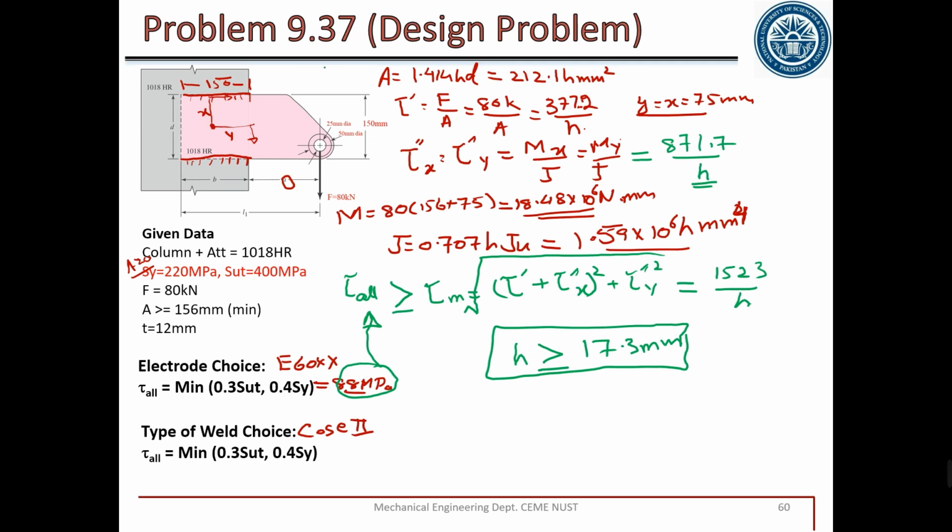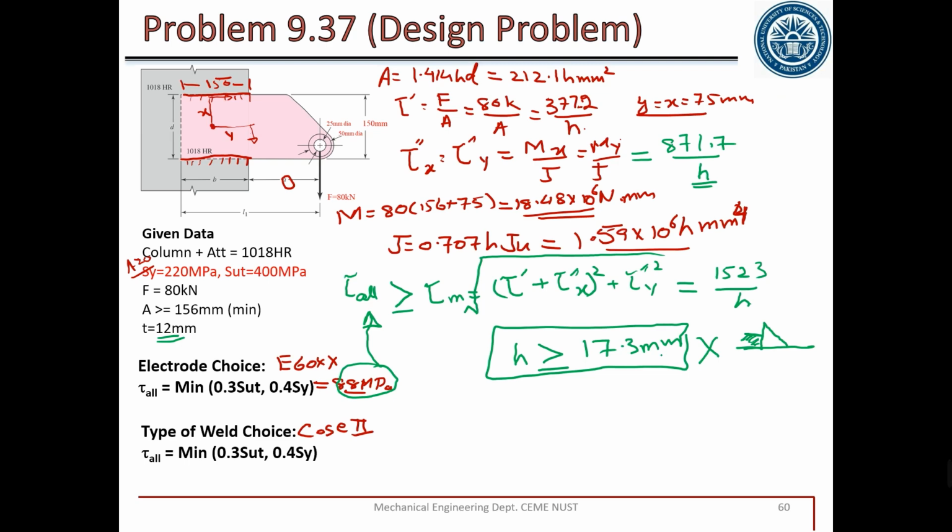But the thickness of plate that is given is equal to 12 mm. On a plate of 12 mm, we cannot weld a 17 mm weld, because the plate is this much thick and the weld is more thick. So this weld is not possible. So it means that our whole calculation for this problem is not correct, or we have to redo it.